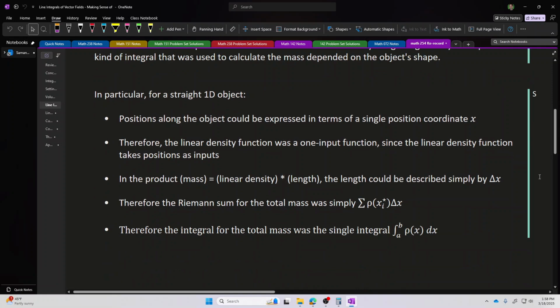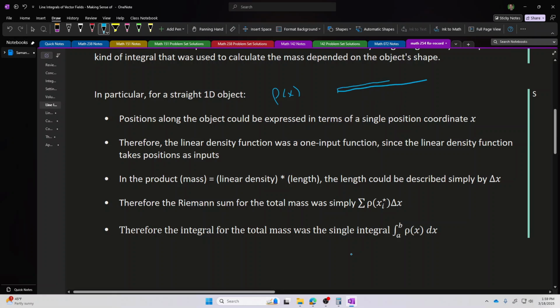Back when we were dealing with one-dimensional straight objects, the object had a linear density function, rho of x, which was a function of a single position variable.